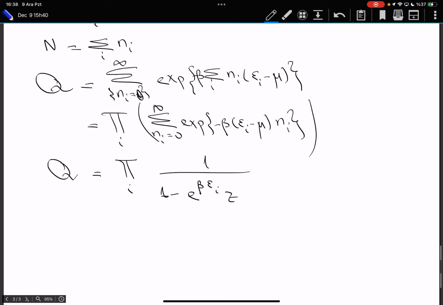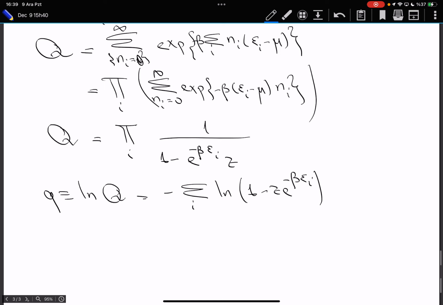Now this is the grand canonical partition function. The Q potential, which was the logarithm of this, is just minus the sum over all i of the logarithm of 1 minus Z e to the power minus beta epsilon_i, where the sum over i is the sum over single particle states.